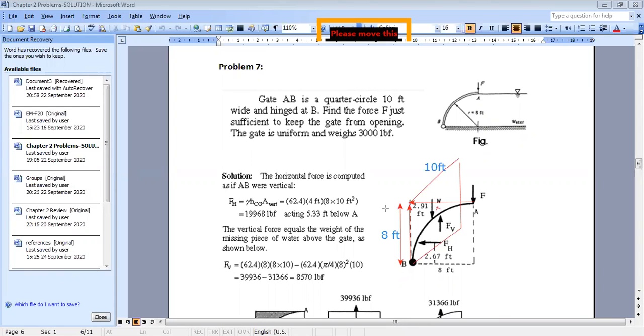So I am interested in the pressure at the level of the centroid. The centroid is at a depth of 4 feet.